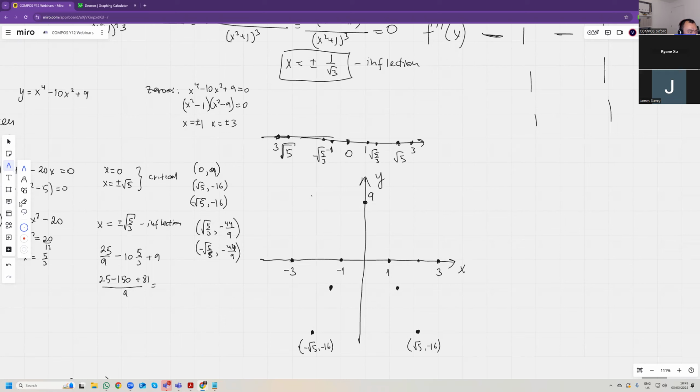Okay, so it looks like I can draw, and of course, I know how a quartic graph looks.